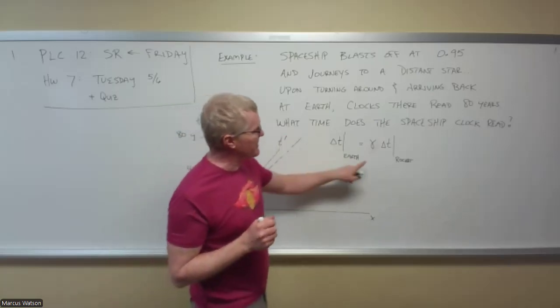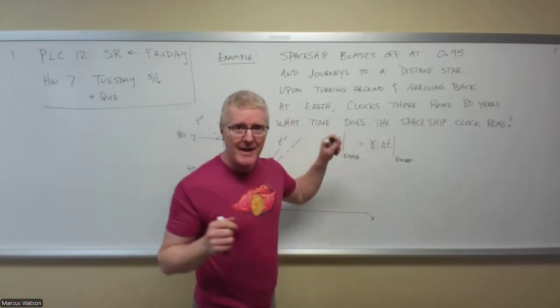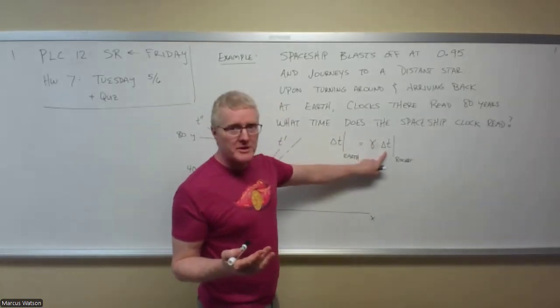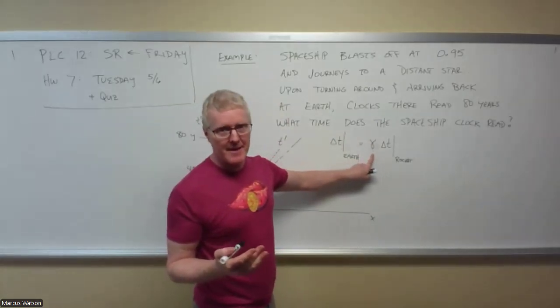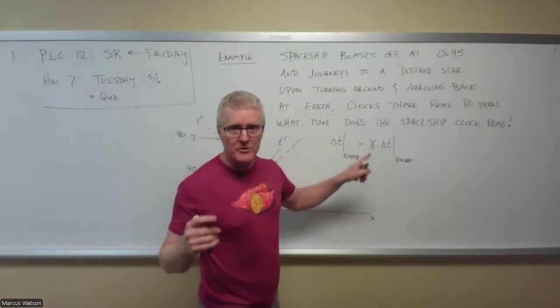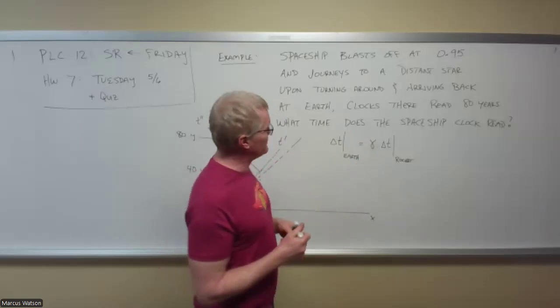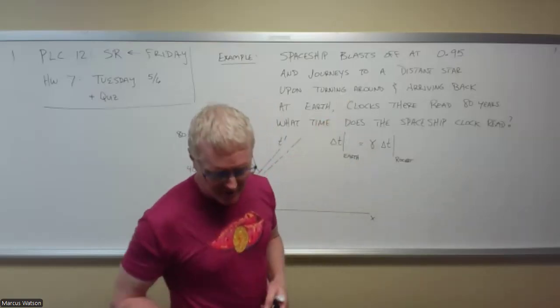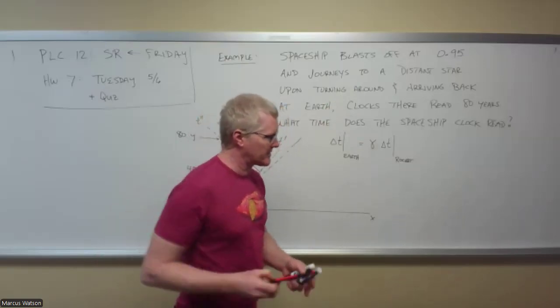Since the proper time is measured by the person on the rocket, and the proper time is always the shortest, then we're always going to stretch that time out because gamma is a number that's greater than 1. In this case, we're going to have to calculate at 0.95 what gamma is, so let's go do that.